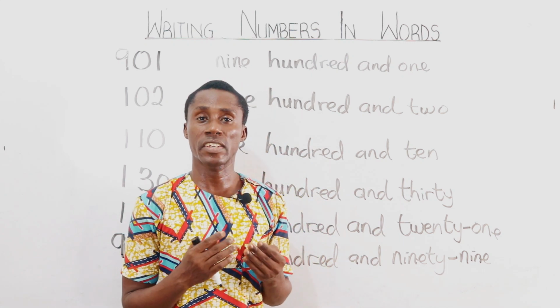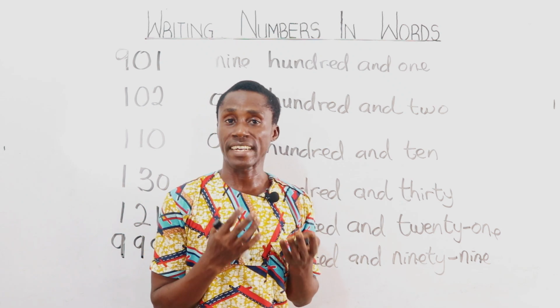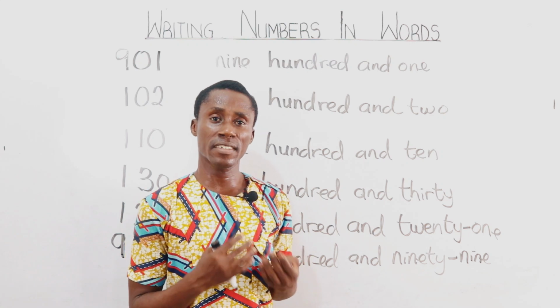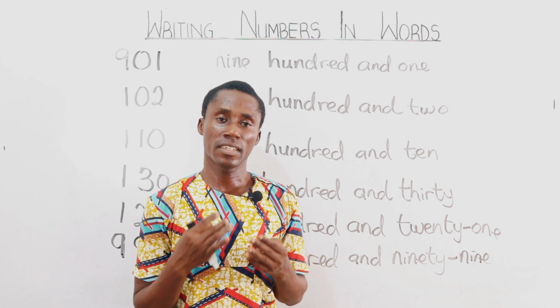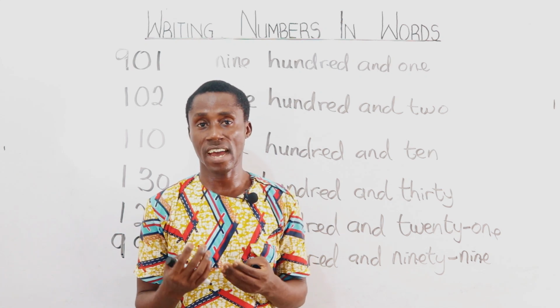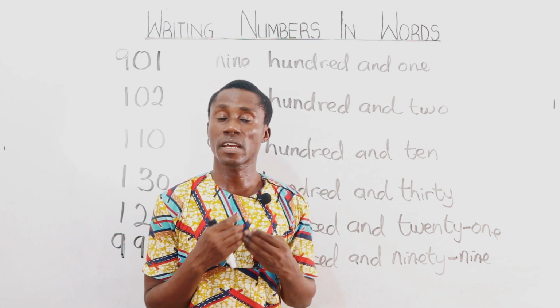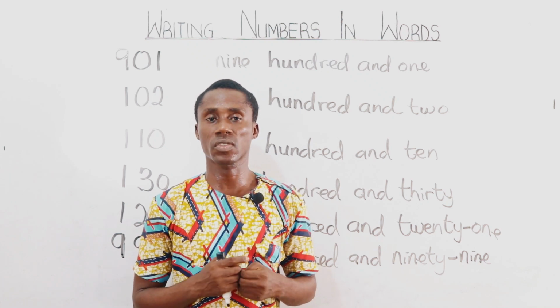The next number after 999 is 1000. And we are now going to look at the numbers from 1000 to 9999. Now, over here too, there is a group of numbers called thousands.